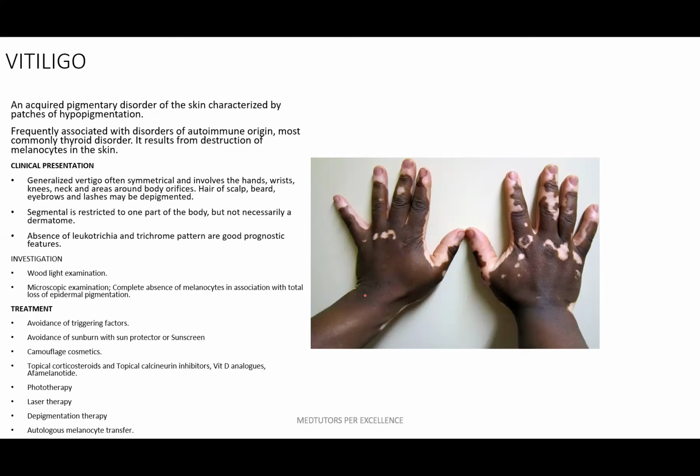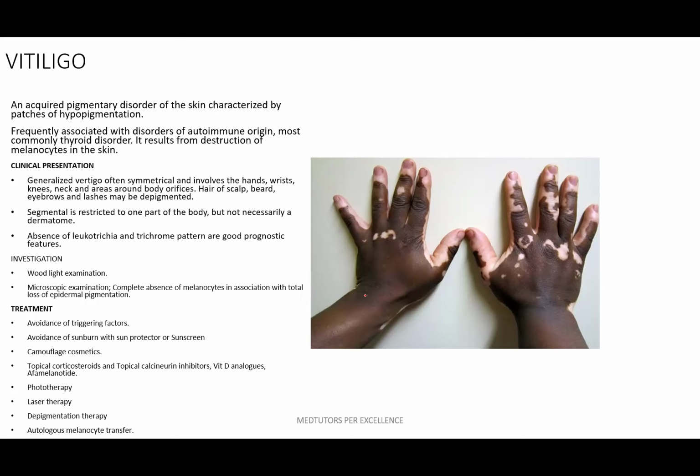Now, once you see those people that have leukotrichia, that is whitish hair along those hypopigmented patches, or they have multiple colors, it is called trichrome pattern, when they have tricolor. That means it is an active disease. Okay? It's not a good prognosis. The disease will be progressive.